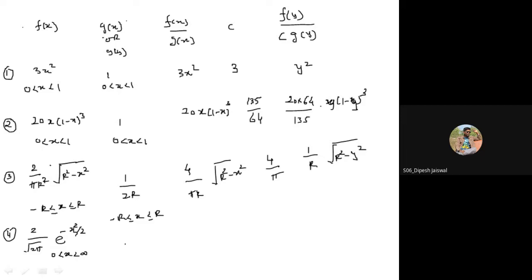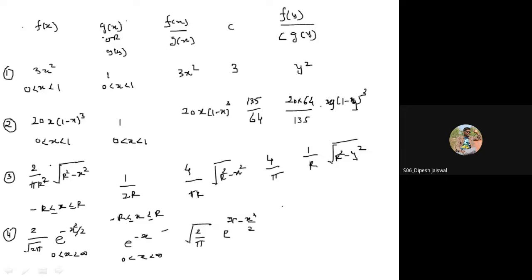Okay. So here what form do we take? We take the exponential, standard exponential whose range is also 0 to infinity, that is g(x), and corresponding, if you take this ratio, it is root 2 upon pi e raised to minus, sorry, not minus comma, it is x minus x square by 2. Okay. And what is the value of c?